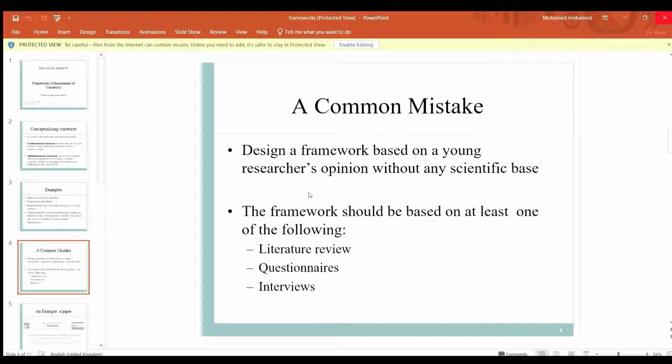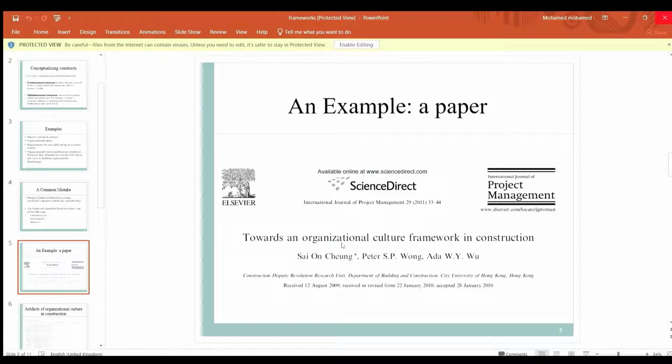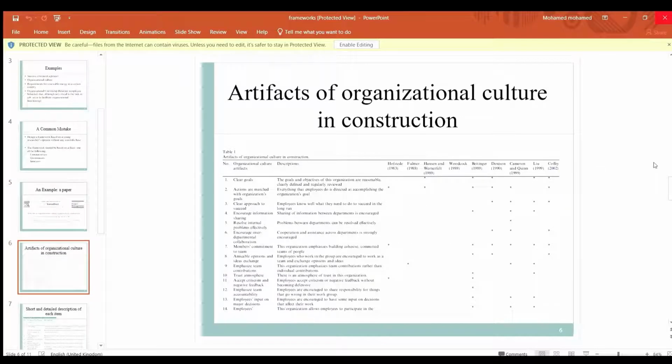So let us see a certain paper that applies all that. This paper is about toward an organizational culture framework in construction. At first, they define some artifacts of organizational culture in construction.